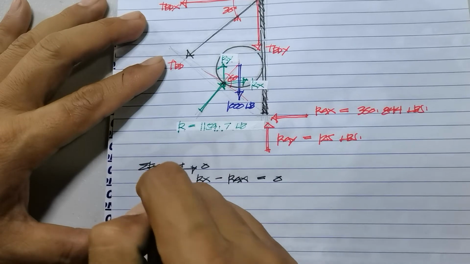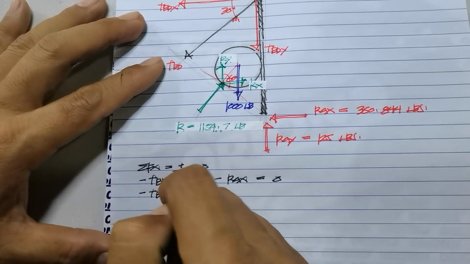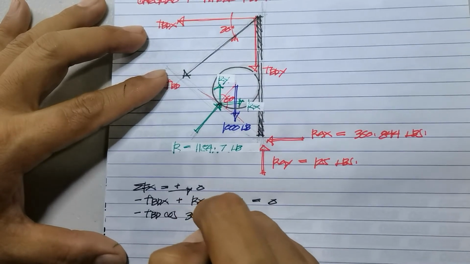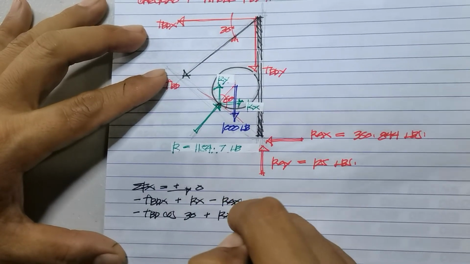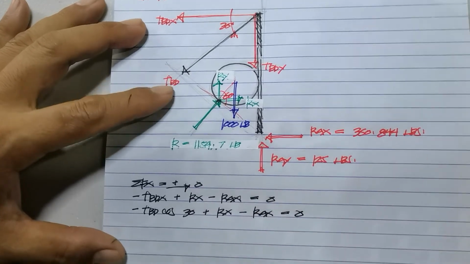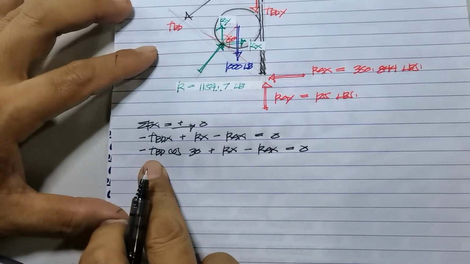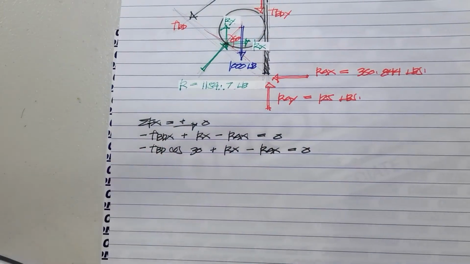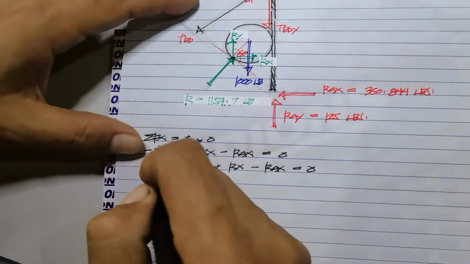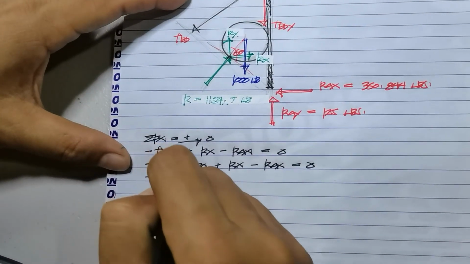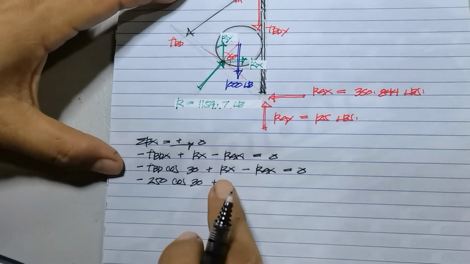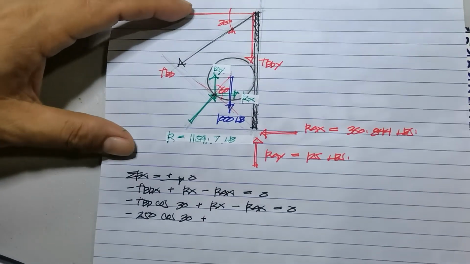Once again, negative TBD cosine ng 30 plus RX minus RA of X is equivalent to 0. Ayan. So, TBD value, ang TBD value natin is, you have 250. So, negative 250 cosine ng 30 plus yung value ng RX.